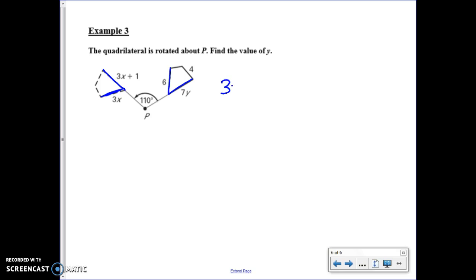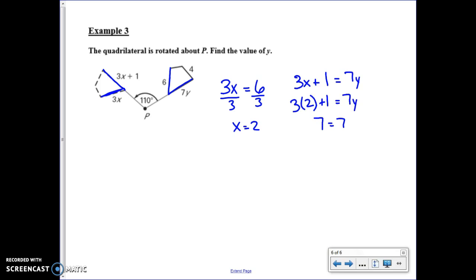So if I know that 3x is equal to 6, I know that x equals 2. And then I have 3x plus 1 equals 7y. So now I have 3 times 2 plus 1 equals 7y. So that's 7 equals 7y. Well, we divide by 7 on both sides, and y equals 1.